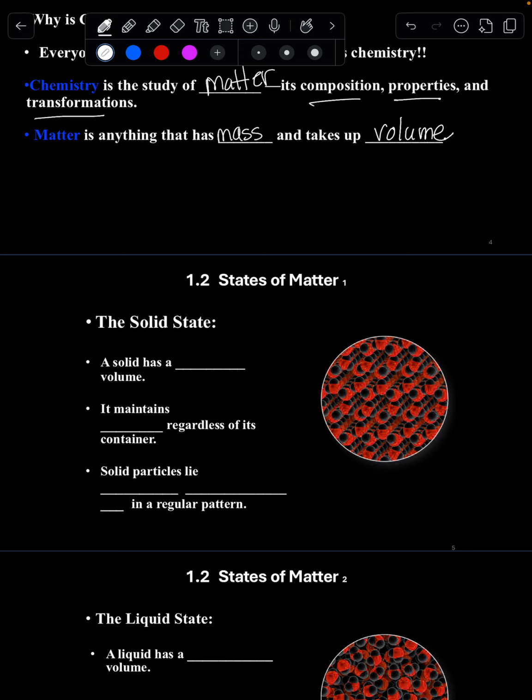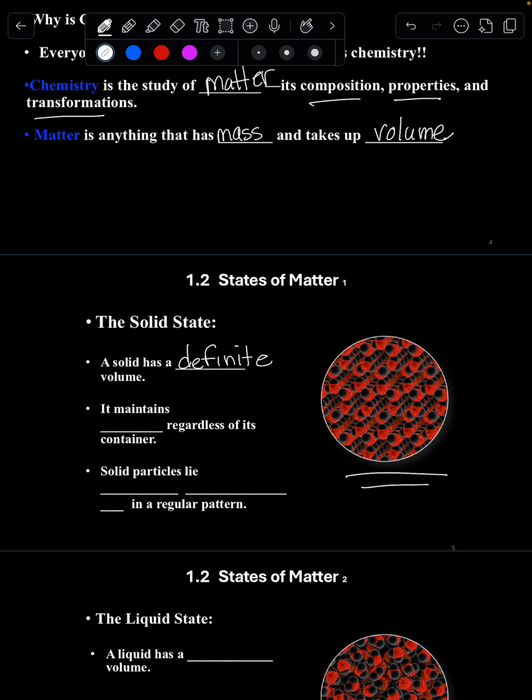We can next look at the different states of matter. I'm sure you're familiar with the different states of matter. On the side here we see a drawing. This is what's called a particle drawing. This one's a little difficult to see. This is actually water molecules, and this is drawn in a solid state. So what are some things that we can say about a solid state? First, it has a definite volume.